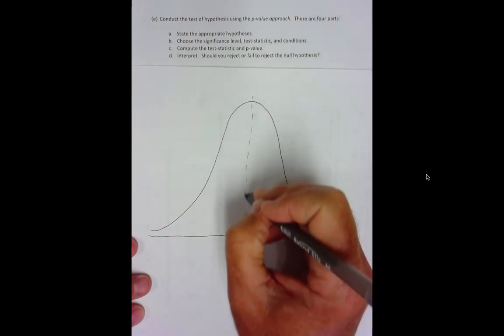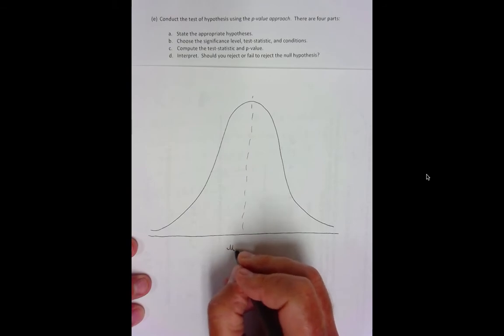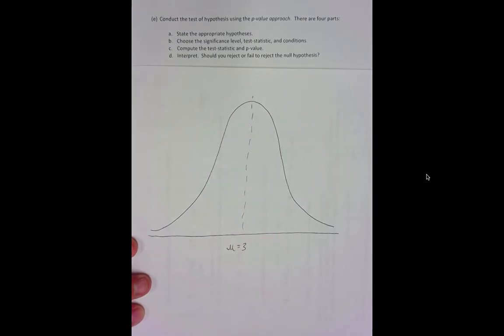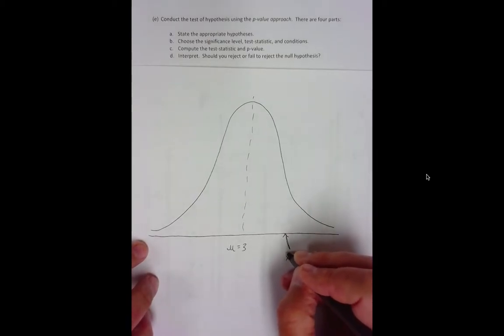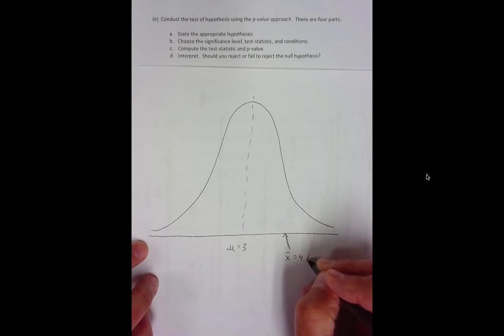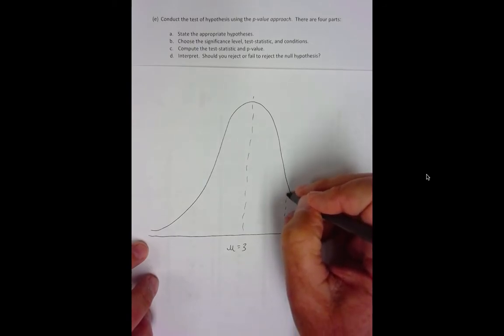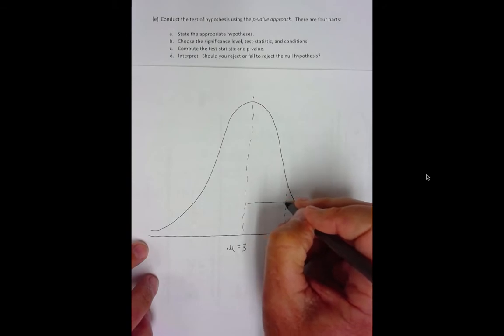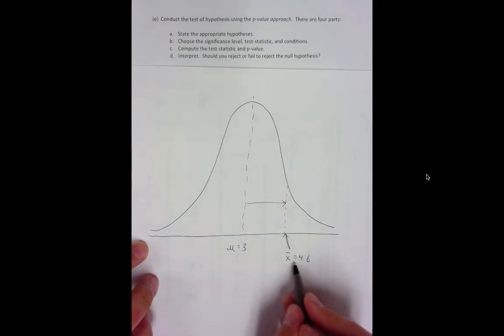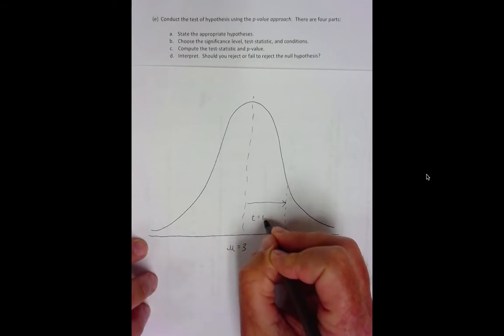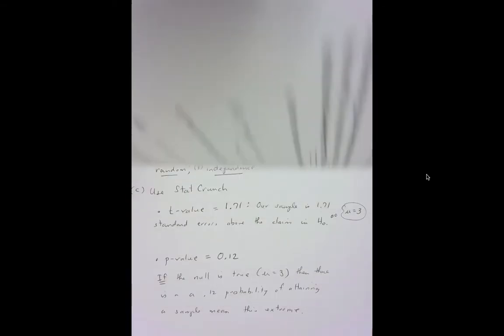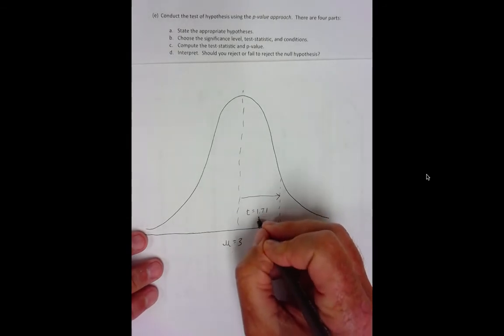Smack dab in the center is the claim from the null hypothesis. We got a sample mean equal to 4.6. This distance from the claim up to our sample is 1.71, I think I got that right, standard errors.